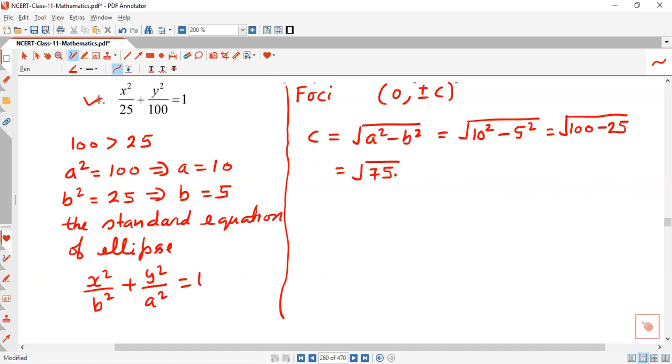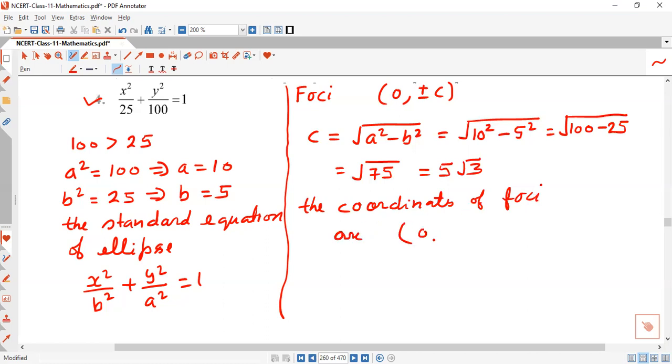You see this one, 25 times 3, 5 root 3. So the coordinates of foci is equal to 0 comma plus minus 5 root 3.